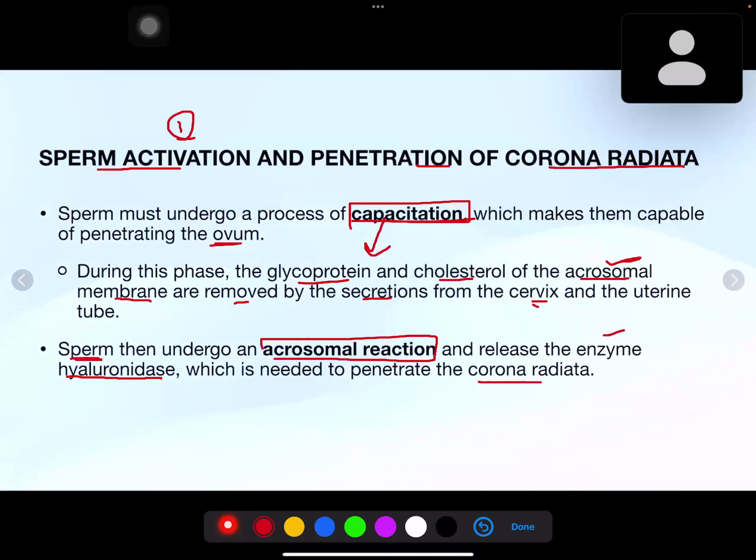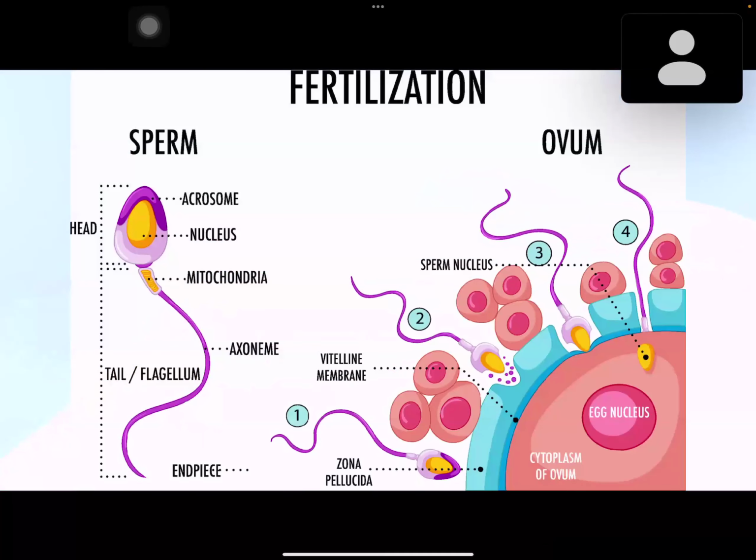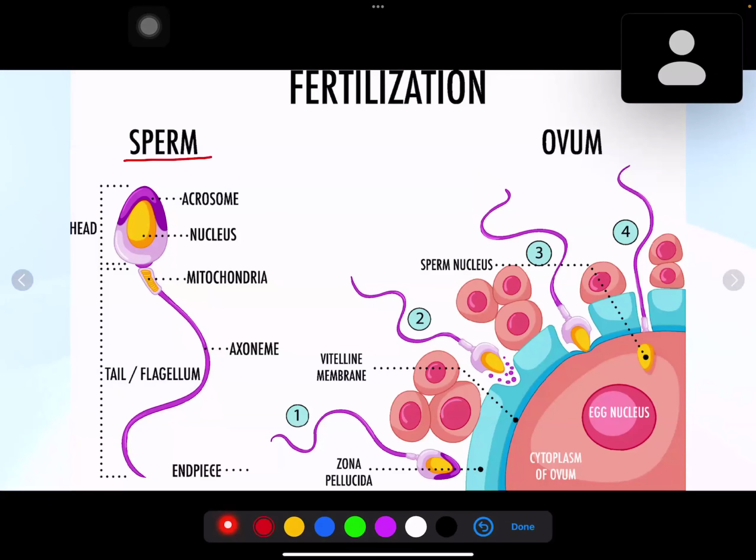So first is sperm activation, which occurs in the cervix and uterine tube. Second is penetration of the corona radiata, for which it needs the hyaluronidase enzyme. If you see, this is the structure of sperm. This whole part is the head, then the tail.